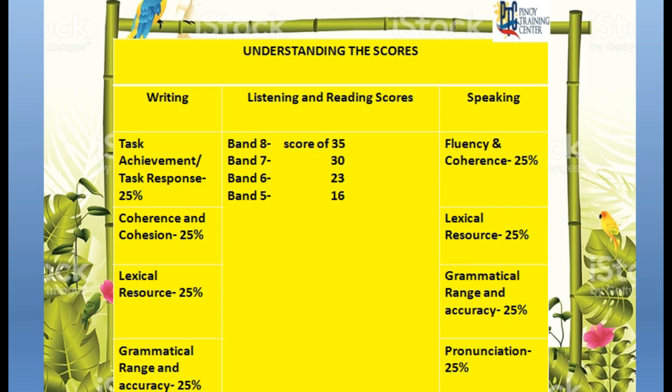And for speaking, fluency and coherence is 25%, lexical resource is 25%, grammatical range and accuracy is 25%, and pronunciation is 25%. All in all, a total of 100%.